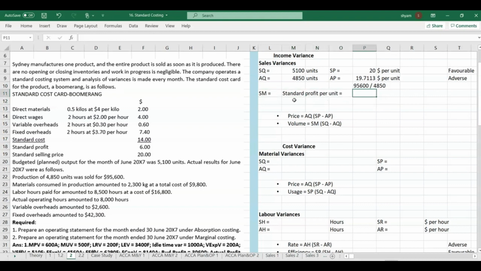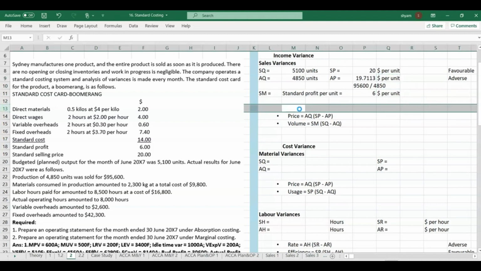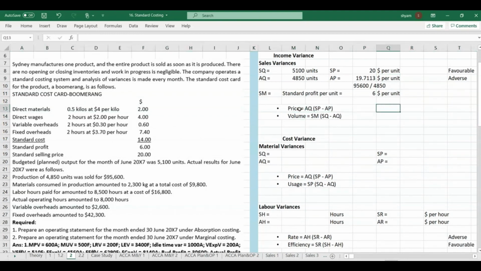Standard profit per unit is readily given. It is $6. As we are doing absorption costing, we just need that profit number. So let's get the formula. Price variance is AQ, 4,850, into SP minus AP.